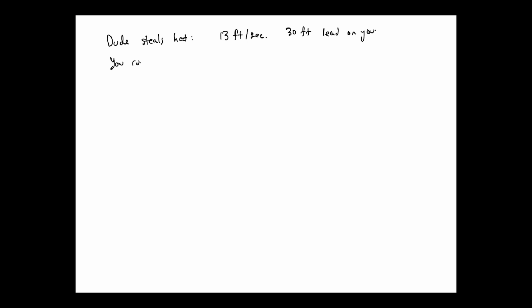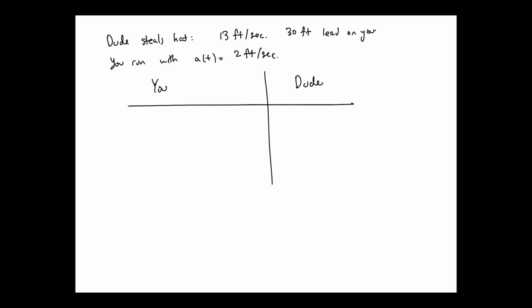And you run with a of t equal to what? 2 feet per second. Okay? But he's got this 30-foot lead on you. So if he runs at 13 feet per second, let's do you and the dude, and let's figure out the positions, velocities, and accelerations of everybody.